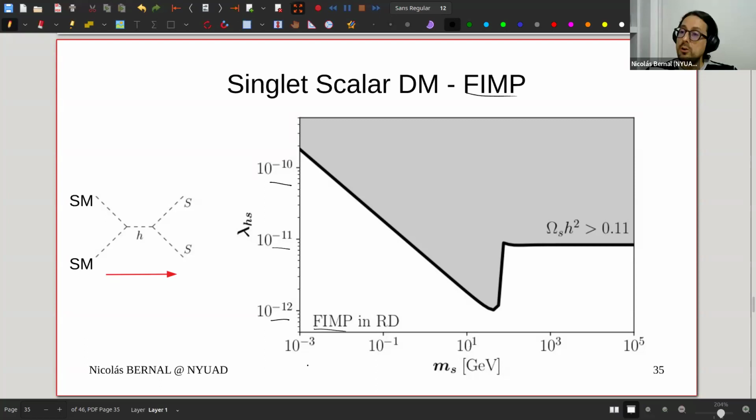So MeVs here to TeVs, but I stop here, these lines continue to even heavier dark matter states. So it's exactly the same model, just that I'm decreasing the coupling from order 1, where I have WIMPs, to 10 to the minus 11, where I have FIMPs.